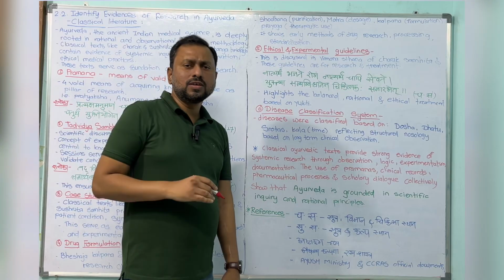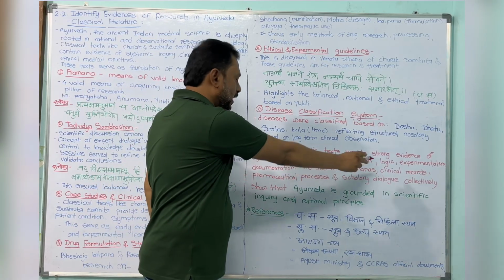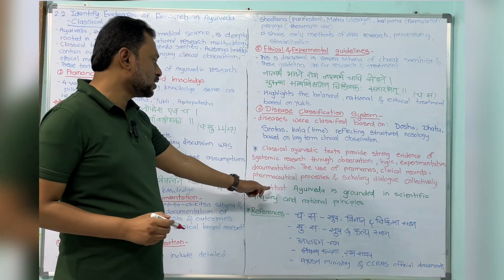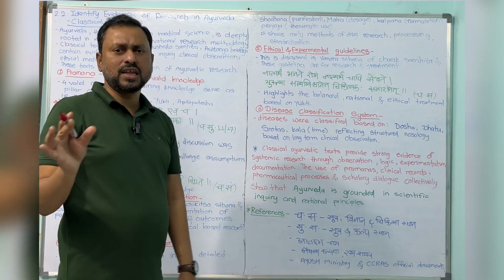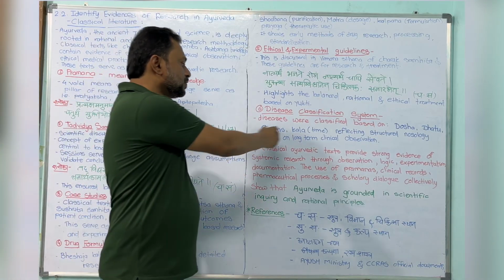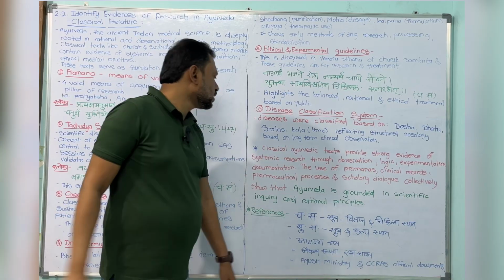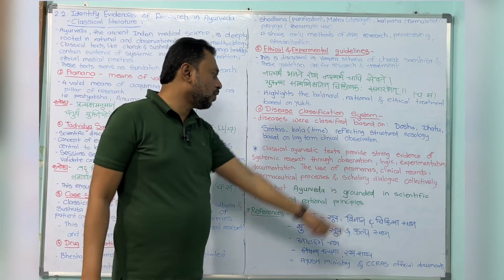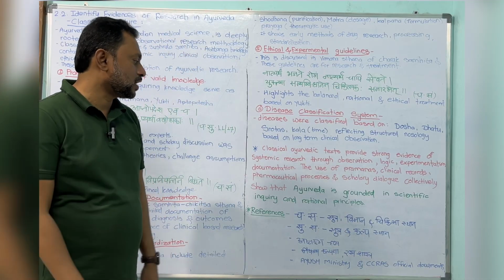How did they do it? Based on the use of pramana, clinical records, pharmaceutical processes, and scholarly dialogues, that is the Dvidya Sambhasha. We can tell that the research was done based on these. Systematic research was done, showing that Ayurveda is grounded in scientific inquiry and rationalist principles.